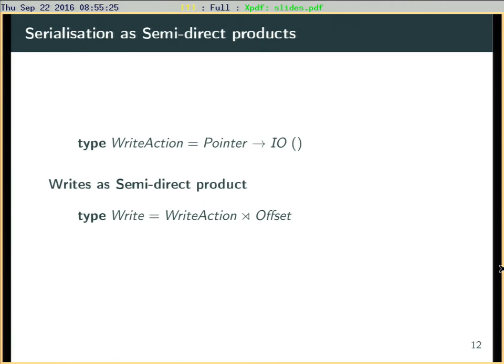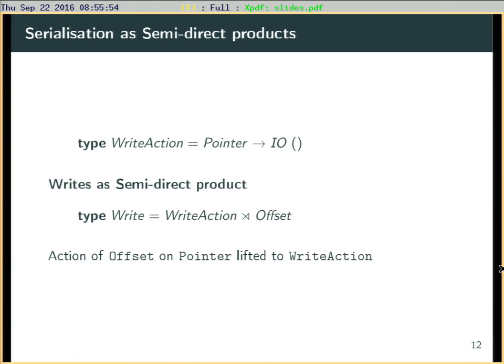And now we come back to serialization. We start with the write action. It's essentially a function from pointers to IO of unit. And the offset monoid acts on pointers, so it lifts to an action on this function space, and you just take the semi-direct product, and that's essentially your serialization.